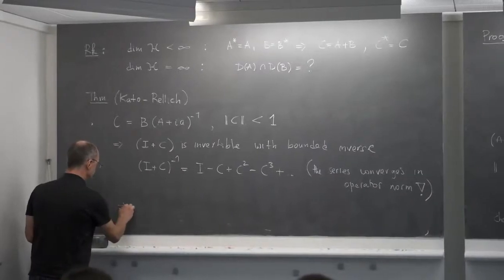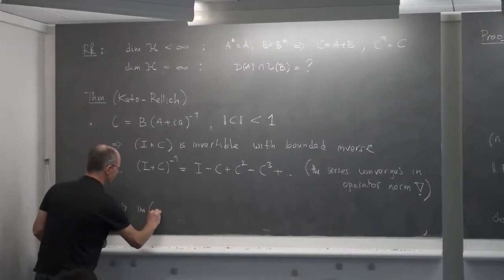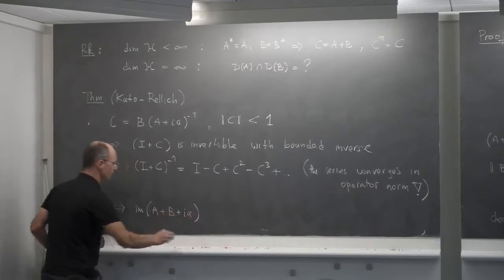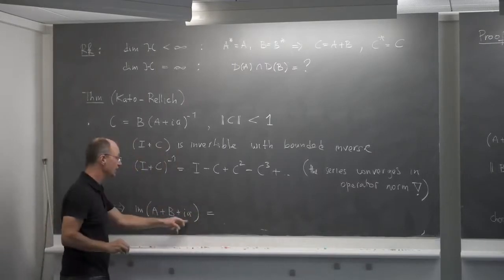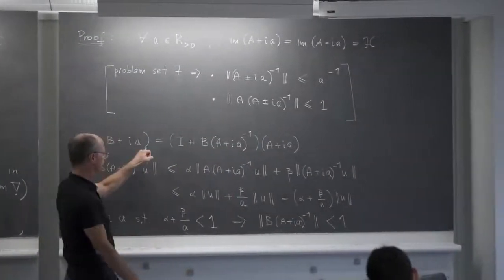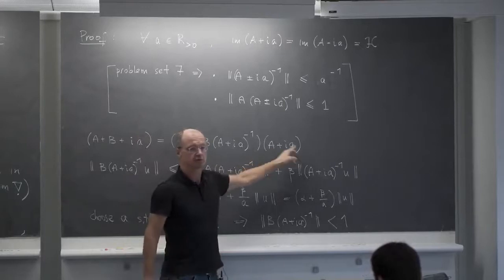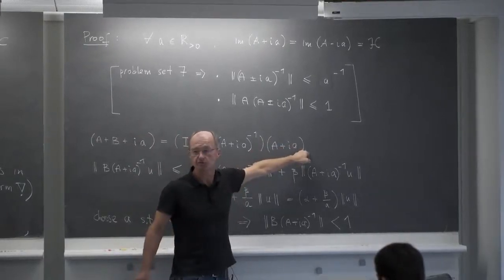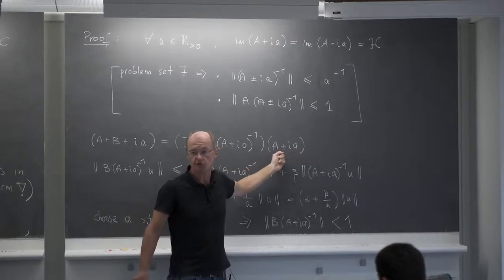Now, this implies that the image of A plus B plus iA, well, this is an invertible operator, so the image of this is equal to the image of that, and the image of that is equal to H, because A is self-adjoint.